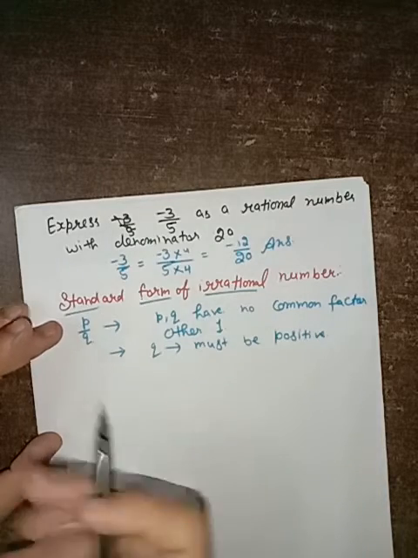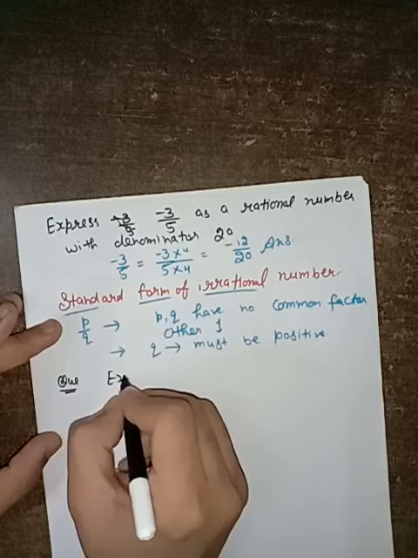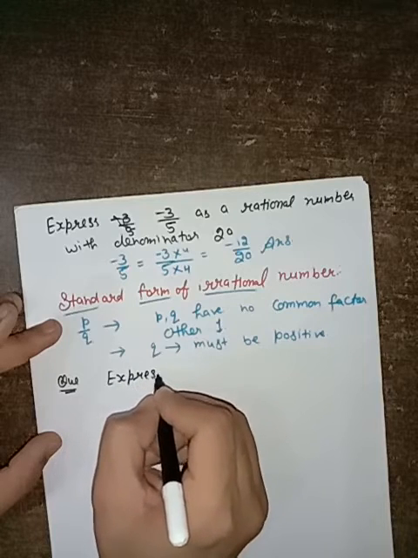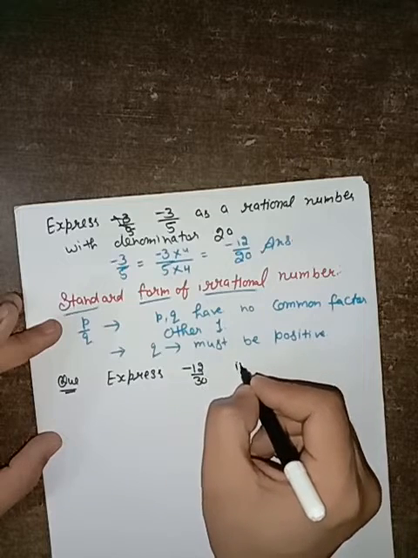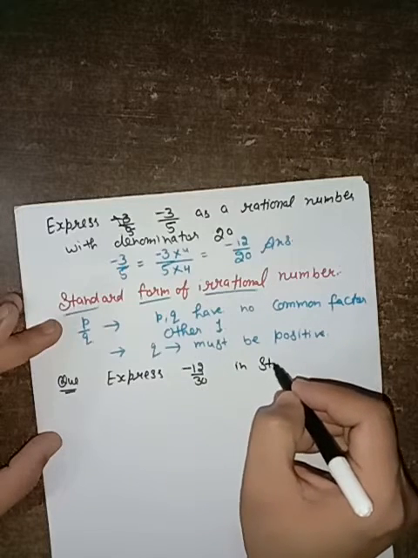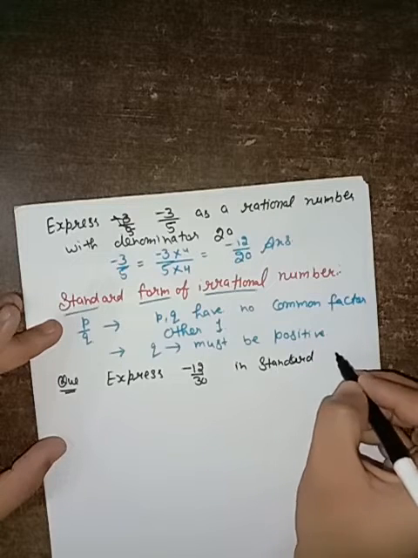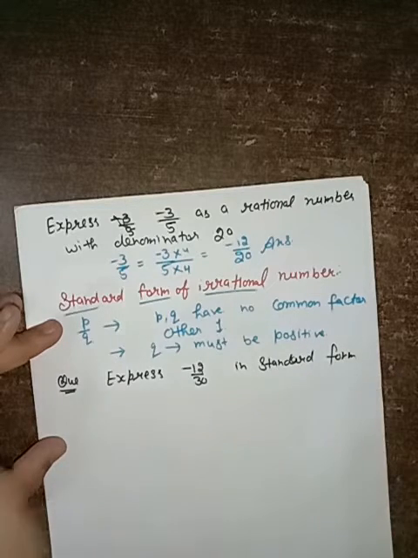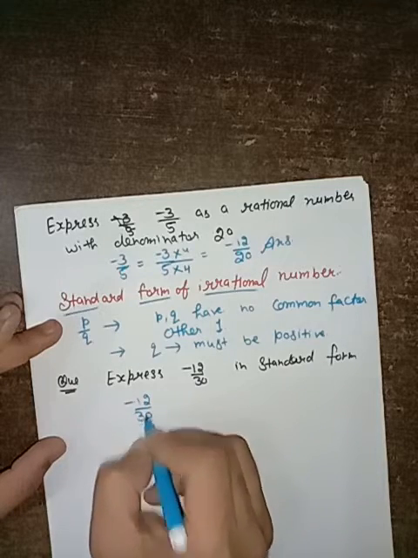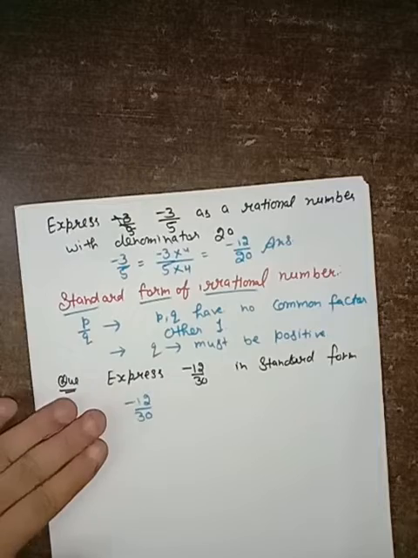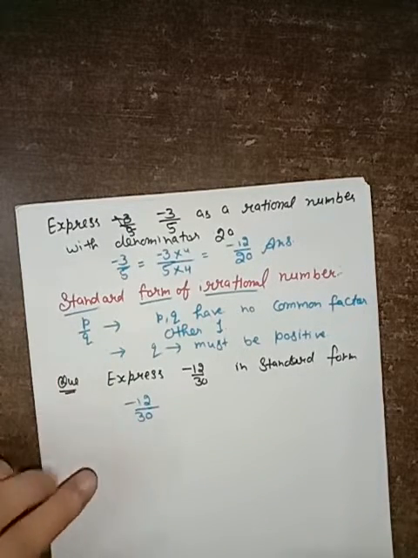Now our question is, express minus 12 by 30 in standard form. First, minus 12 divided by 30. Check what is the maximum common factor which can be taken out.